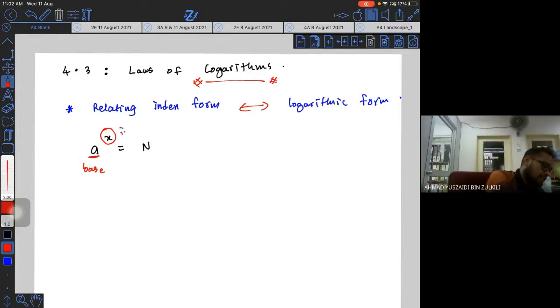Okay, index or power, doesn't matter. And your value, yes, value or answer.